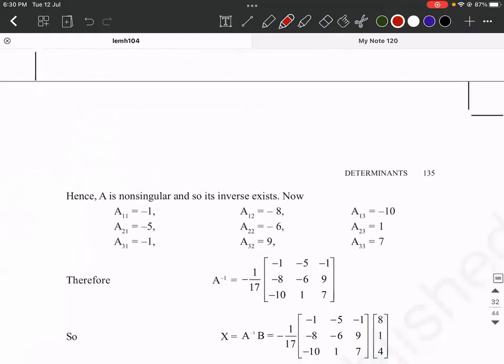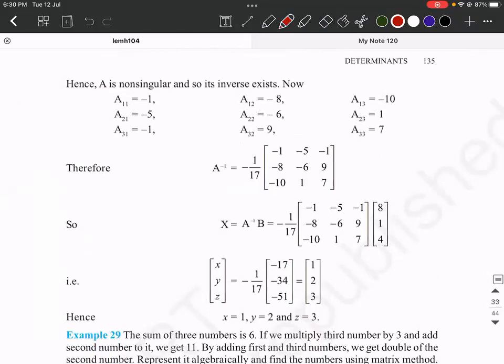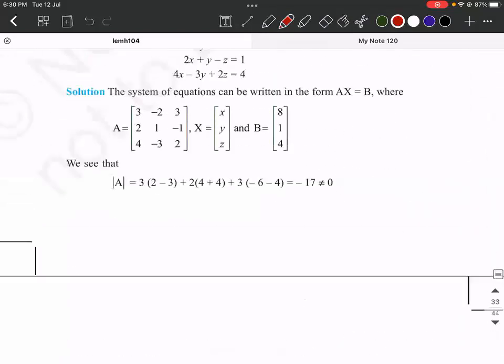What is the answer? X is 1, y is 2, z is 3. Okay.